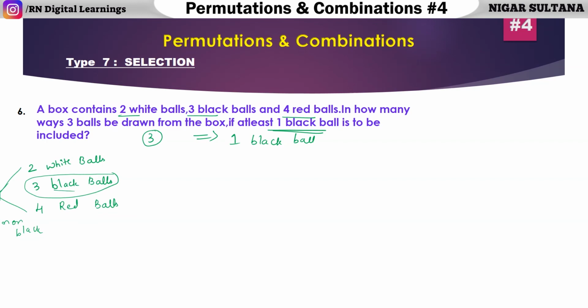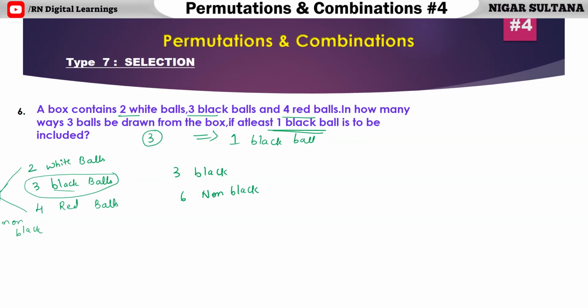Now the condition is there should be 1 black ball, right? So now totally let's divide this concept into black and non-black. So how many black are there? 3 black are there. Now how many non-black are there? 2 and 4, that is 6 non-black, right?